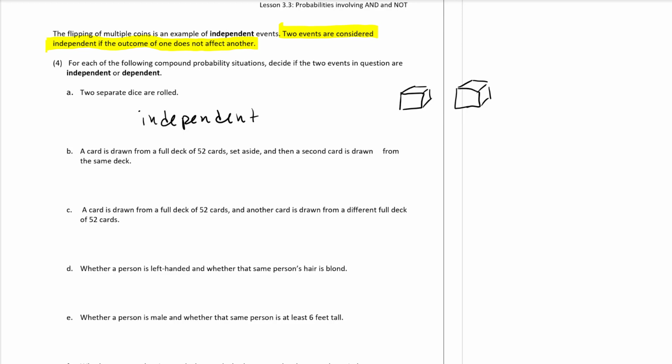Here we don't replace it back, we set it aside. So think about it. I'll give you a moment. Are these two events dependent or independent? Well, in this case, this is considered to be a dependent event.